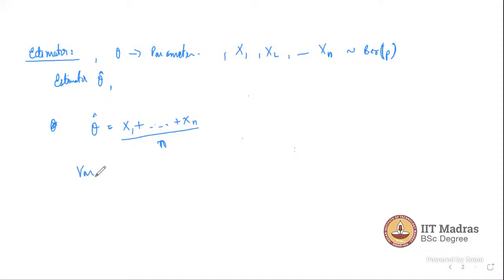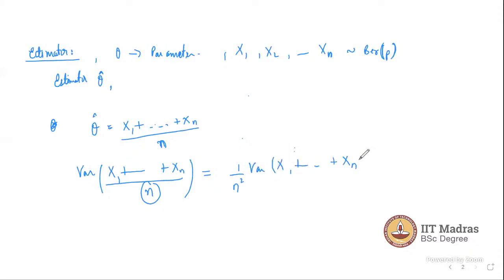If I have to find the variance of (x1 plus up to xn) by n, you see that n is a constant, so we can take it out. It will become 1 upon n square, variance of (x1 plus up to xn). If all these random variables were IID, I would have written 1 upon n square, variance of x1 plus up to variance of xn.